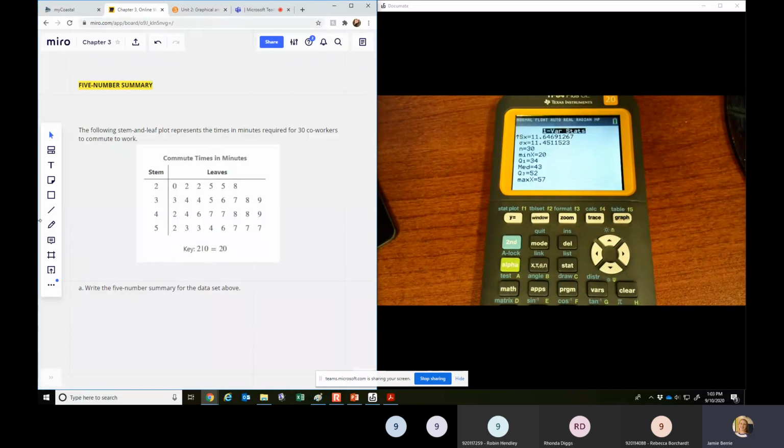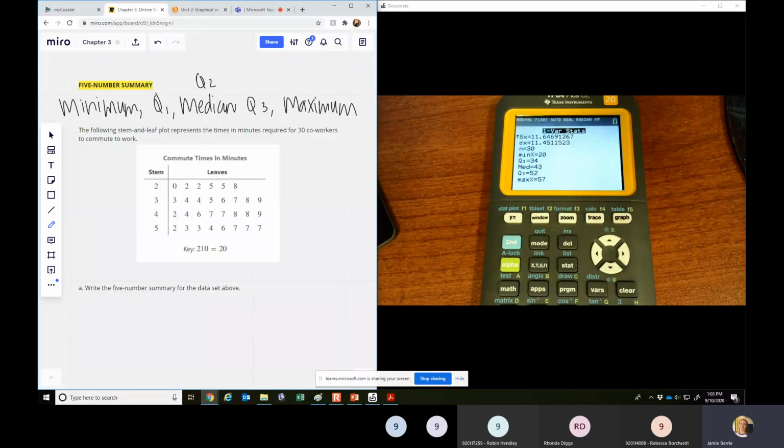All right, so a 5-number summary is the following. It's the minimum, the first quartile, the median, also known as the second quartile, the third quartile, and the maximum. So that's your 5-number summary.